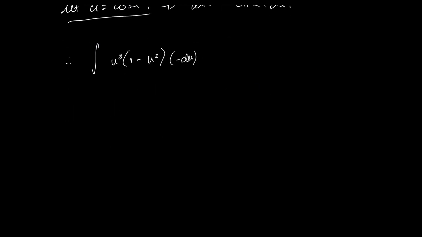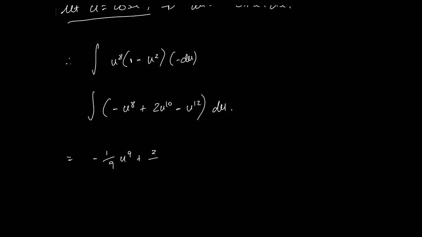And so the integral is going to equal negative of (u to the 8 plus 2u to the 10 minus u to the 12) du, which gives me negative (1 over 9 u to the 9 plus 2 over 11 u to the 11 minus 1 over 13 u to the 13) plus c.